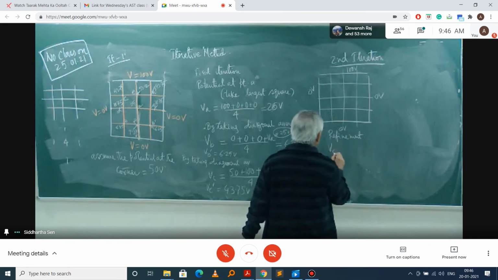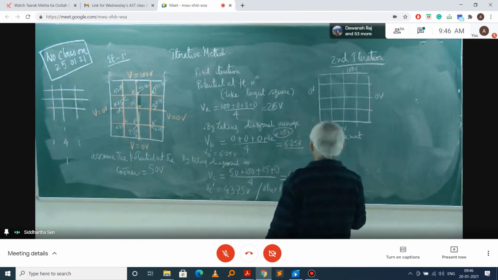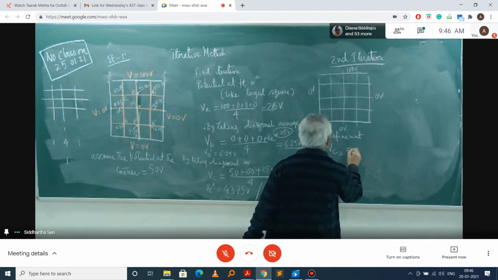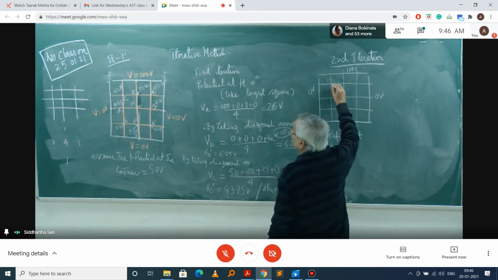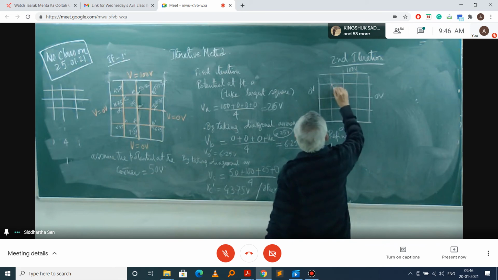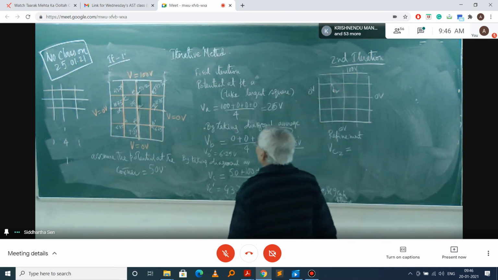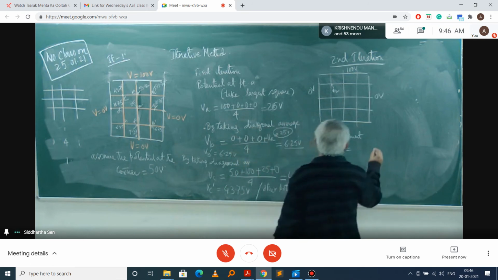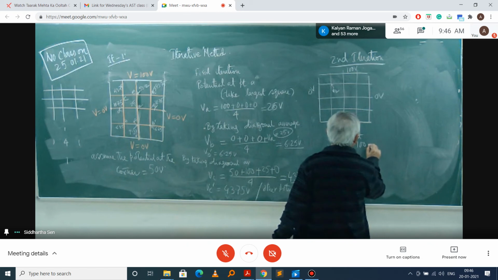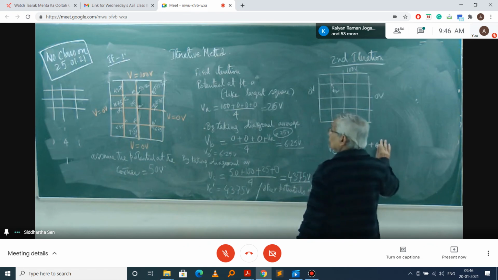where Vc, so suppose in the second iteration I say it is Vc2. So in the second iteration I call this point Vc2. What is it now? It is now 100 volt plus 0 volt.